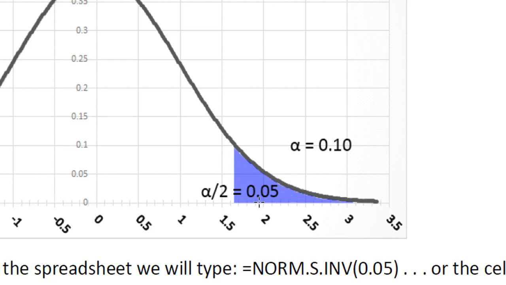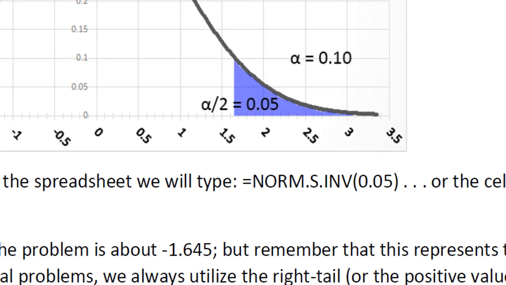The only way we can do that, as I said, is to look it up on a spreadsheet. And when we go to spreadsheet mode, you'll see all of that and how I got that. So if I were to say I want you to do this right now, and we need to find the z value that corresponds to 0.05 in the right tail, we would type in on the spreadsheet equals norm.s.inv of 0.05, or whatever the cell reference is where the 0.05 is.